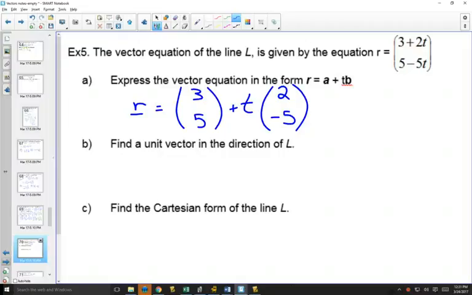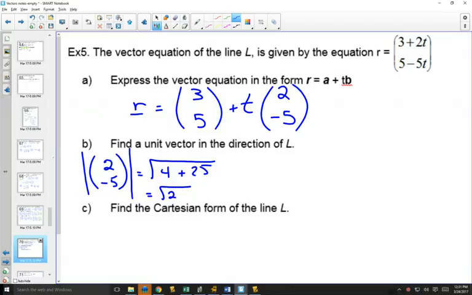So yeah, unit vector. What is a unit vector? It is a vector in the same direction, but of length 1. So first of all, we have to recognize we've got two vectors here. Which one of those is the direction vector? The (3, 5) or the (2, -5)? (2, -5). If I find the length of the (2, -5), that'll be the square root of 2 squared plus negative 5 squared.